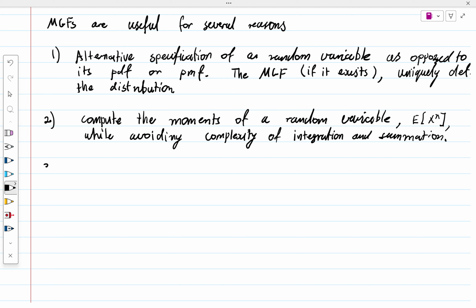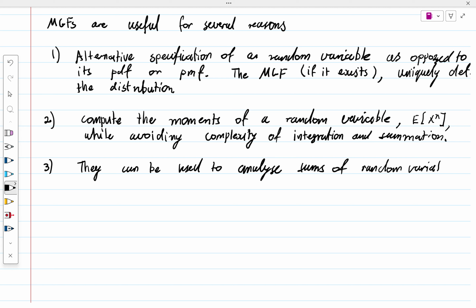And finally, perhaps one of the most powerful results of the MGF is that they can be used to analyze sums of random variables.